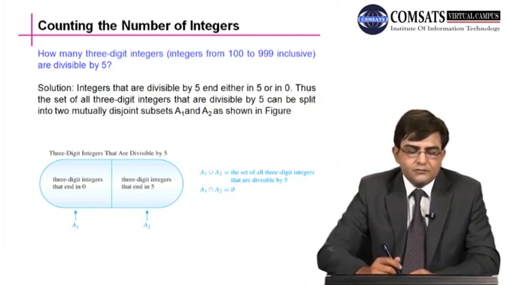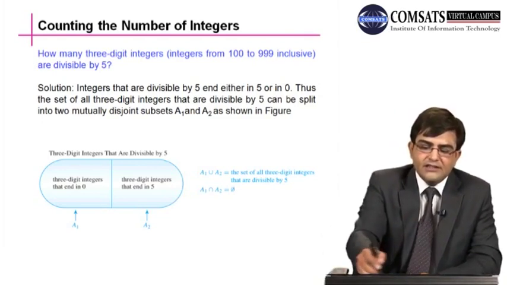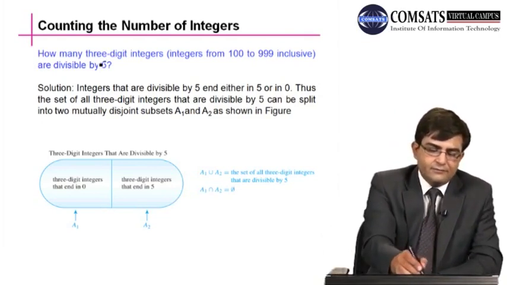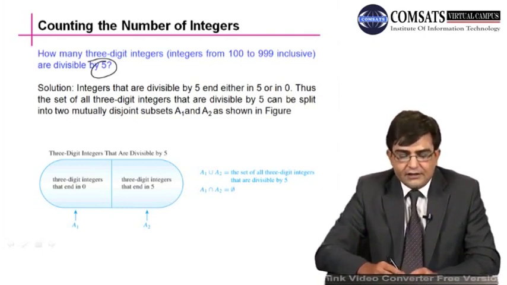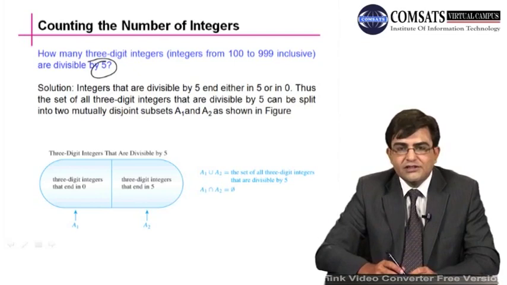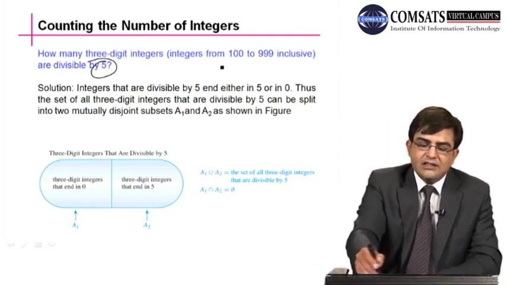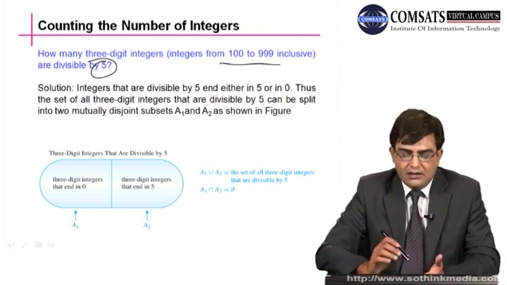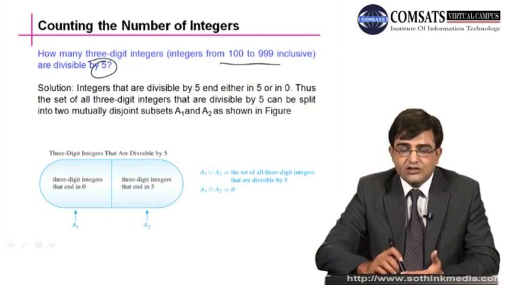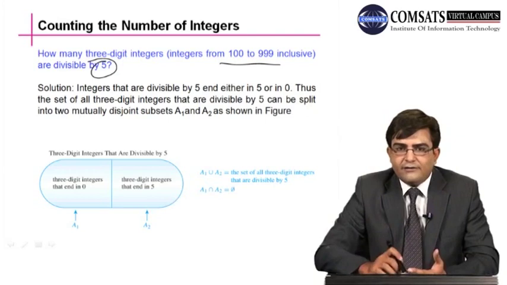Now we have to determine how many of these integers are divisible by 5. How many of these integers are divisible by 5? Now we can easily observe that only those integers among these are divisible by 5 in which the end digit, that is the last digit which comes at the unit place, is either 0 or 5.